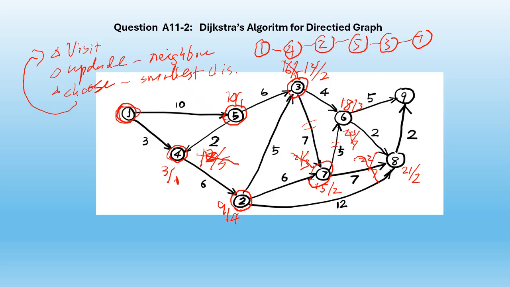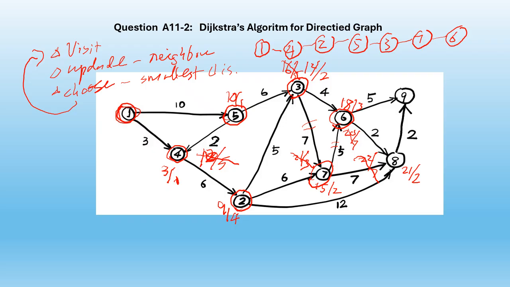So number 7 is explored. Now what's left unvisited? You have 3 unvisited, and you have 18, 21, and infinity. So 18 is chosen. So number 6 is chosen next, because it's 18. Now visit number 6 and update.